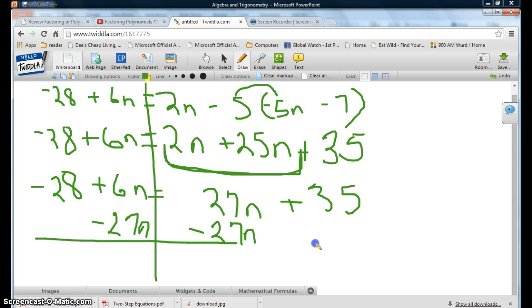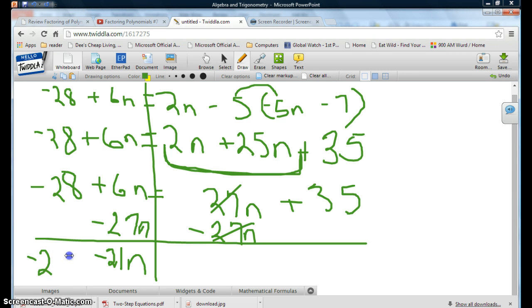I don't want to forget my n's. Okay, so these are going to cancel out. 6n minus 27n is minus 21n. Please forgive me because I'm trying to get used to writing with this mouse, so it's a little difficult.